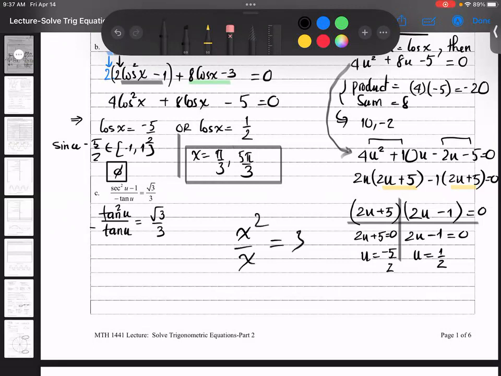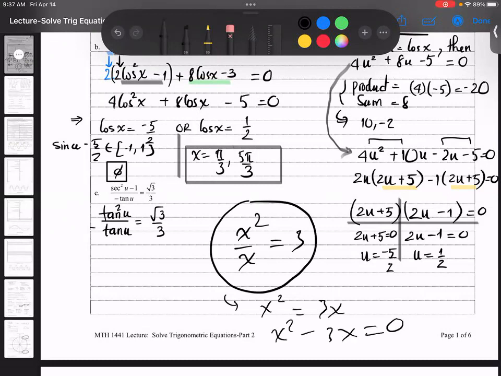What kind of equation is this? If I multiply both sides by x, I have x squared equals 3x, right? Subtract 3x from both sides, x squared minus 3x equals 0. What kind of equation? It's quadratic, right? How many solutions should I have? 2. If I cancel it, how many solutions do I have? 1. I'm losing a solution, right?